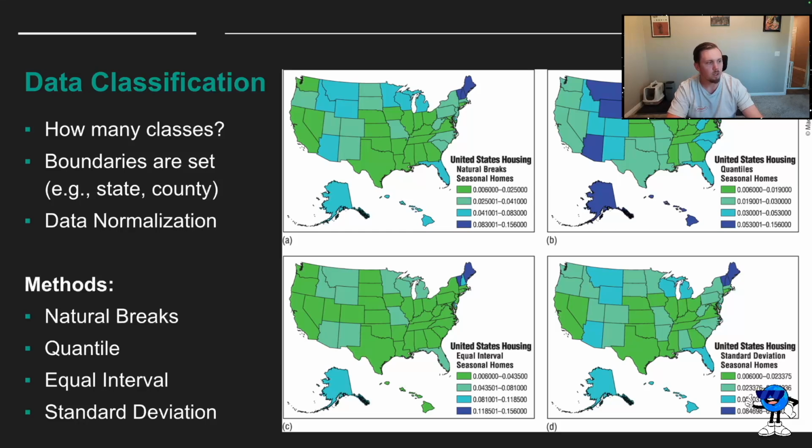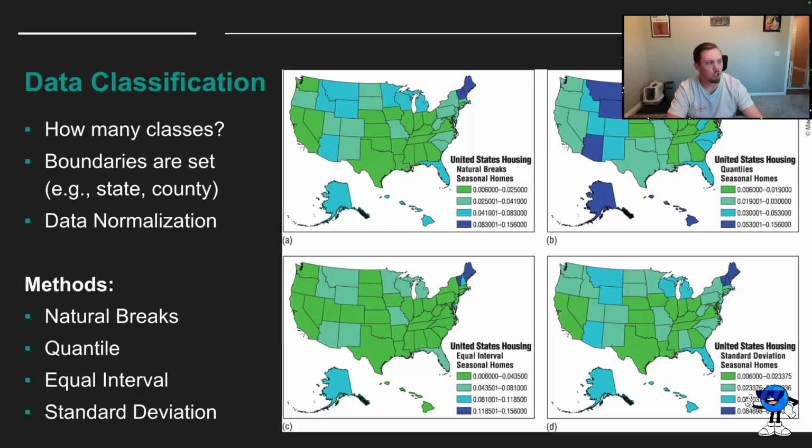The final method uses the concept of standard deviation as seen in figure 7.8d. Standard deviation is the average distance of a single data value from the mean of all data values. Breakpoints for the ranges are based on these statistical values.